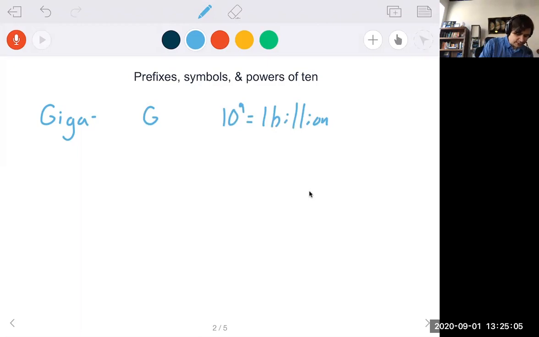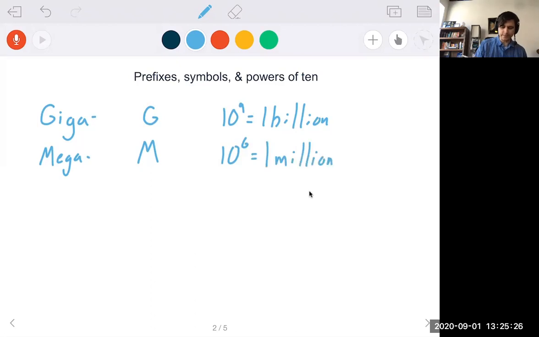Now we have another large one, mega. And for this, yes, it's a capital M, and capitalization is important. And this one is 10 to the 6th equals 1 million of something. Now let's go to the next one.